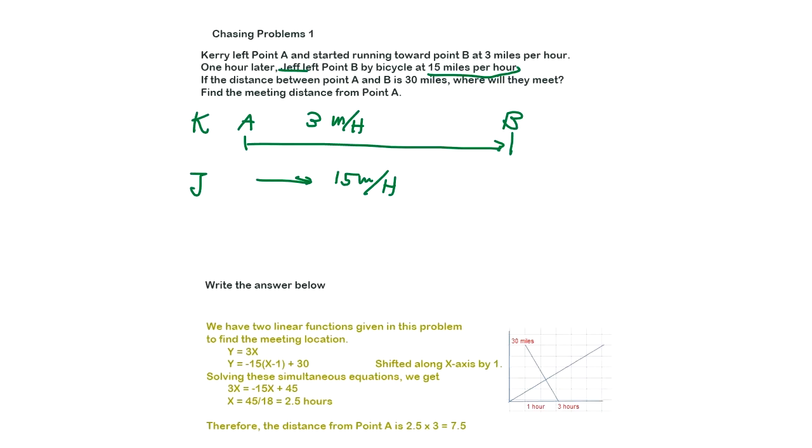The distance is 30 miles. Where will they meet? Okay, so here we go. Jeff left 1 hour later.